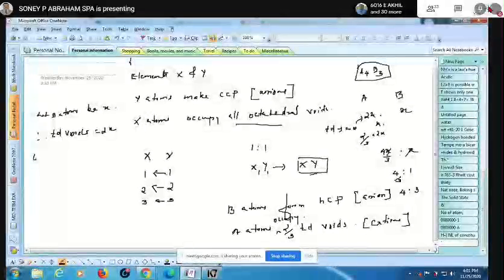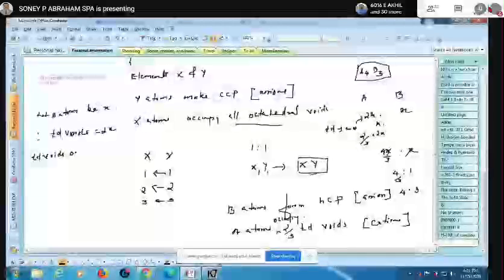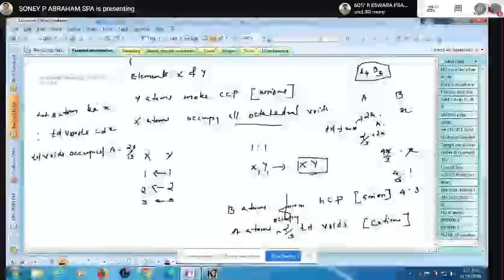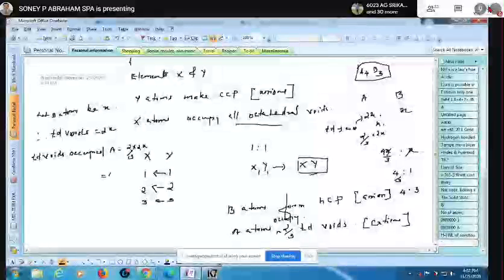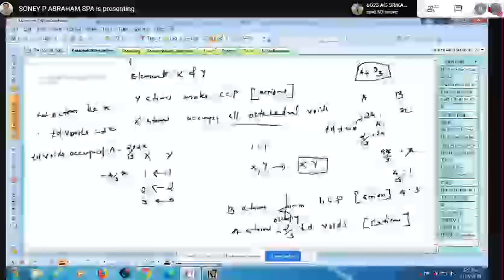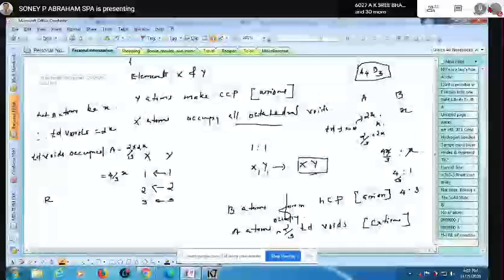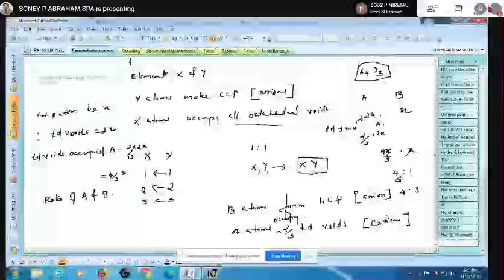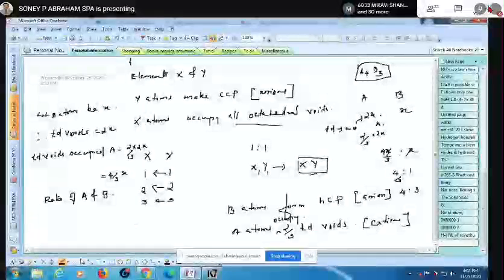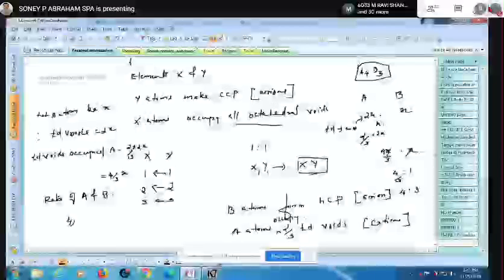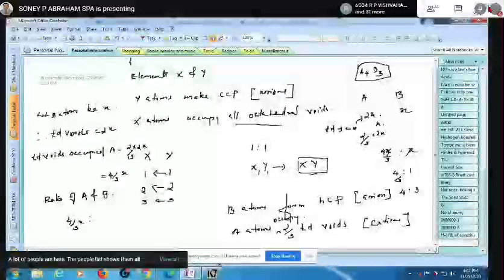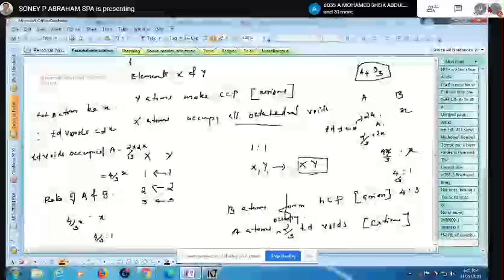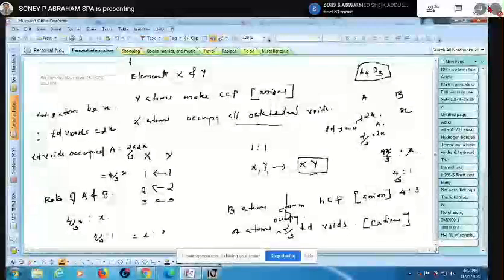Tetrahedral voids occupied by A are 2 by 3 of 2x, that is equal to 4 by 3 x. The ratio of A and B will be 4 by 3 x is to x, or 4 by 3 is to 1, or you can write 4 is to 3.